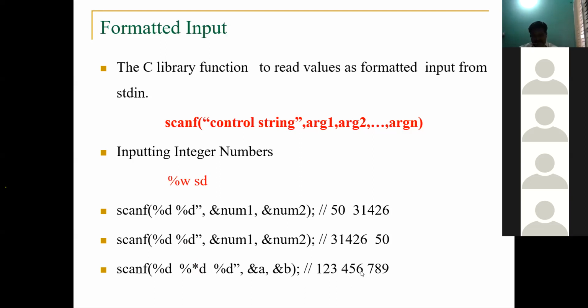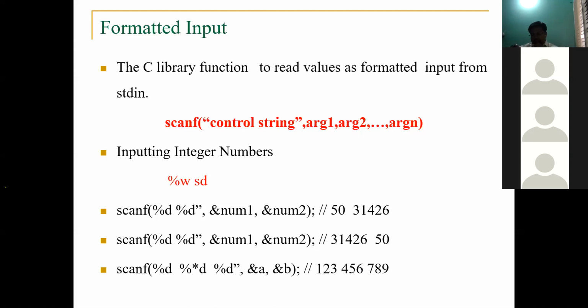456. This statement will accept 123 for A, 289 for B. It will skip 456. I'll give you an example. Say I want to read the date of birth of a student in format DD, MM, YY.